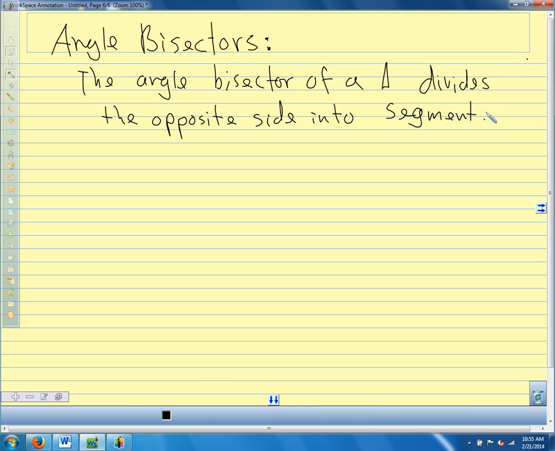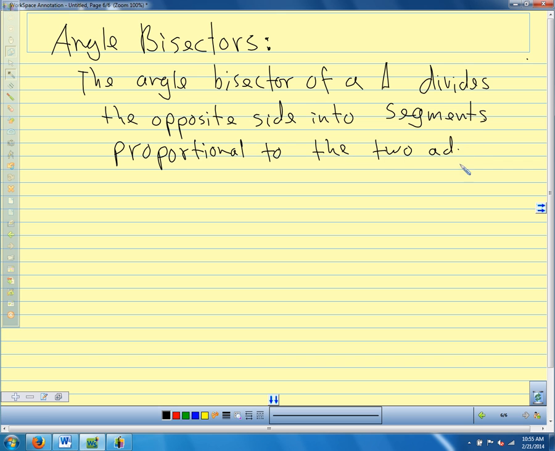Into segments proportional to the two adjacent segments. So let's take a look at what we mean here.